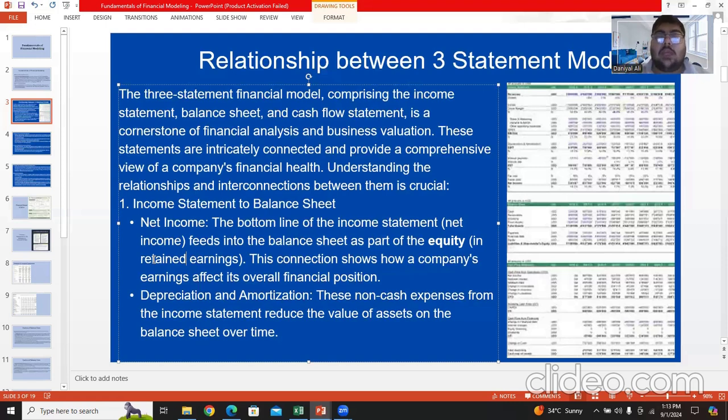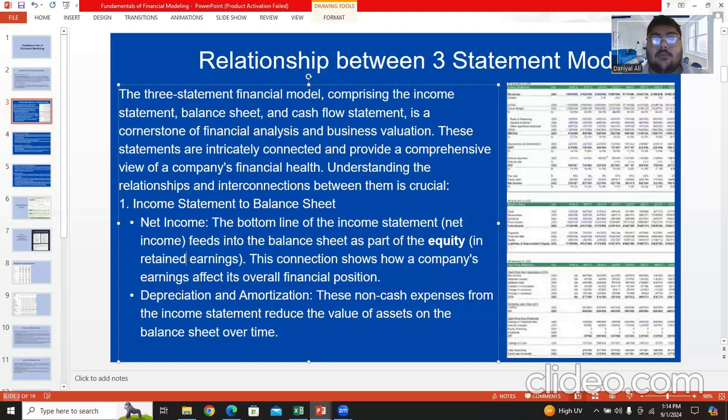But if I go deeper, it is also called EBITDA, earnings before interest, tax, depreciation, amortization. After EBITDA, I make a subtraction of my depreciation and amortization to get my EBIT, earnings before interest and tax. So these are the non-cash items. These relate to my cash flow statement as well.